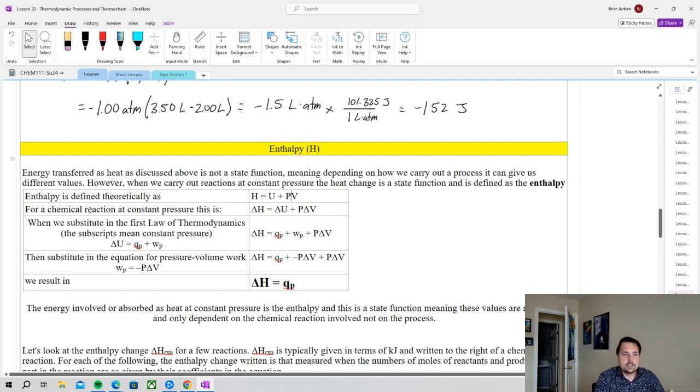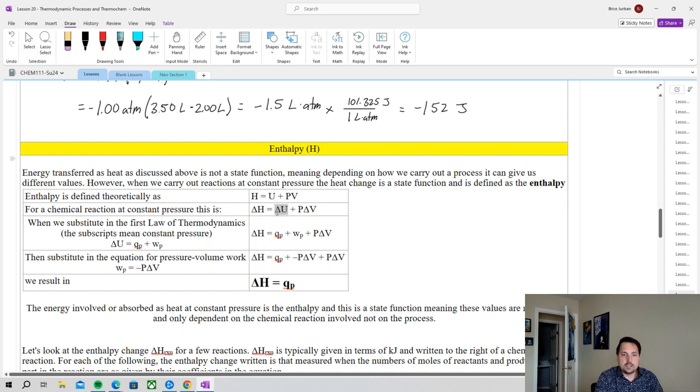So we can define enthalpy as equal to the internal energy plus the pressure times the volume. And when we have a chemical reaction that occurs at constant pressure, we're going to look at the change now in the enthalpy, and that would be equal to the change in the internal energy plus the pressure, which we're going to say is constant here, times the change in the volume. We can substitute in the first law of thermodynamics, that the change in internal energy is equal to the heat plus the work, and this subscript here means it's at constant pressure.